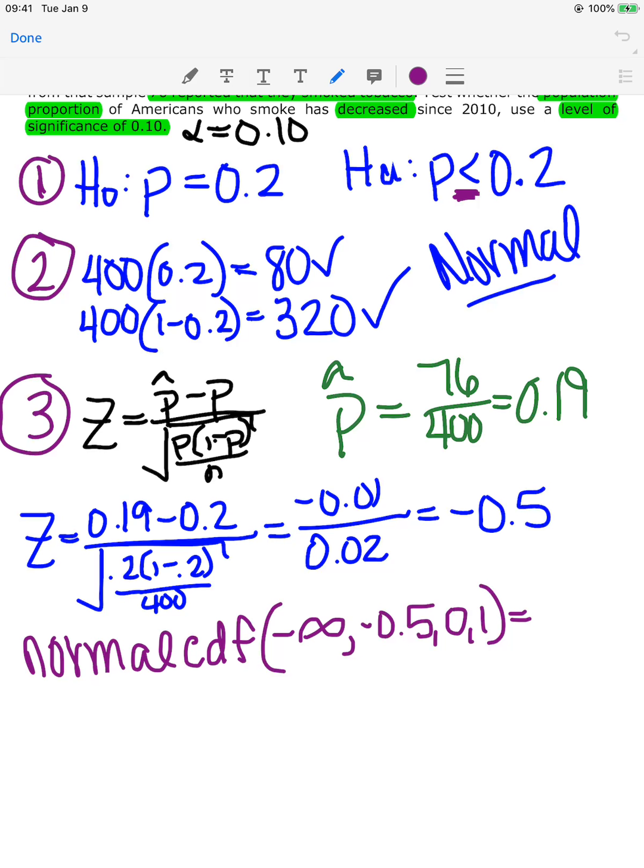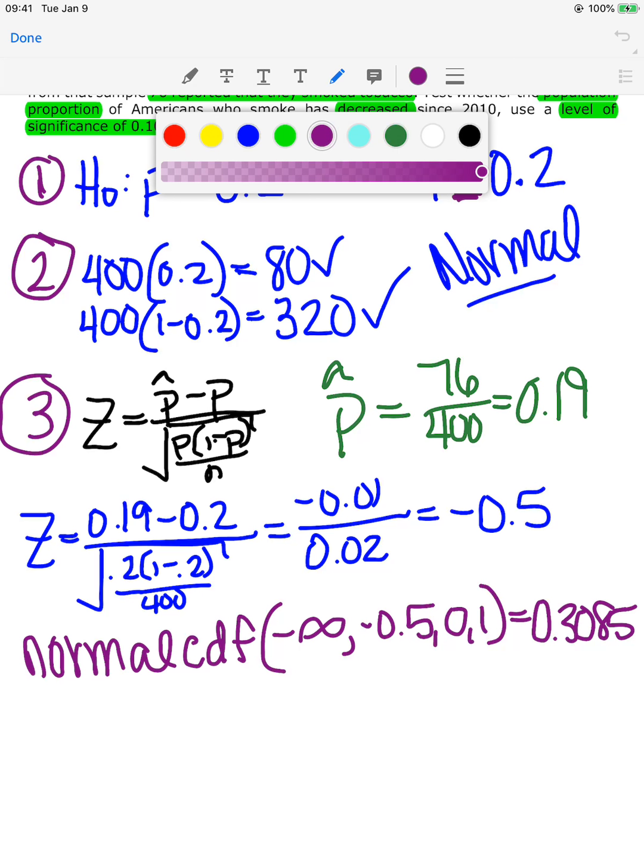And we get 0.3085. So the probability that I find a proportion of 0.19 or lower, assuming 20% of the population still smokes, is 0.3085.